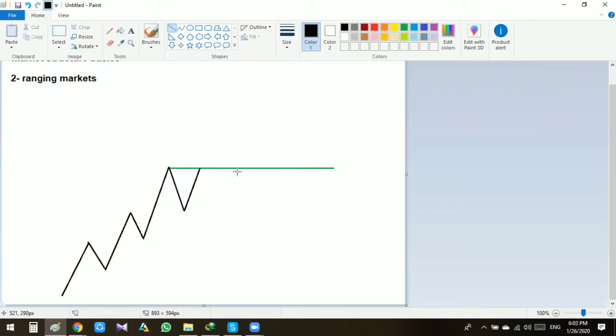There are two possibilities right here. First one is a break and going to this area for making a higher high. Second possibility is coming down and rejecting this one.